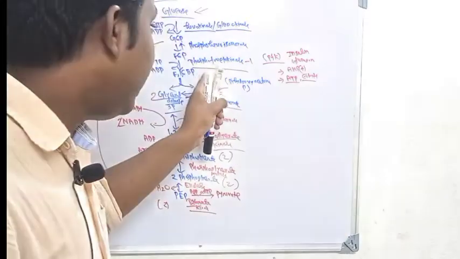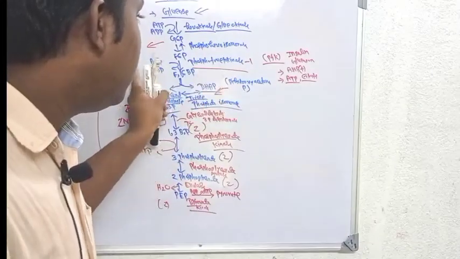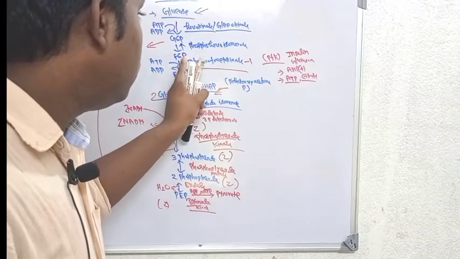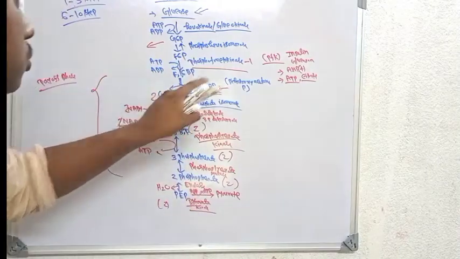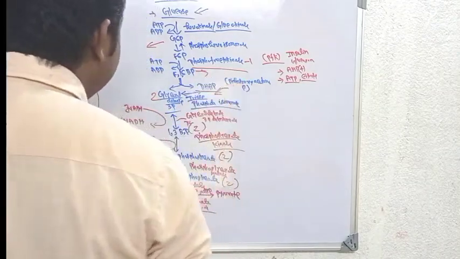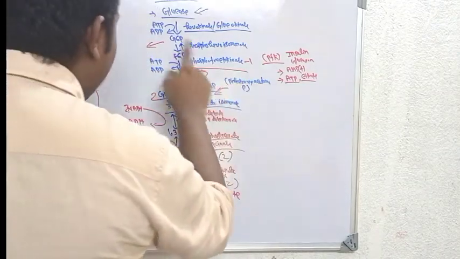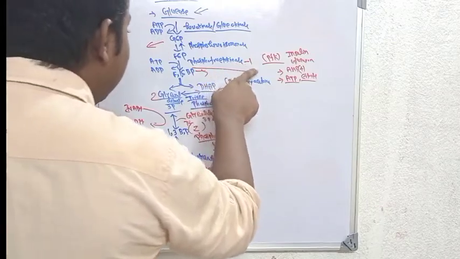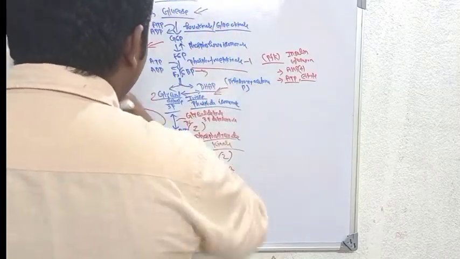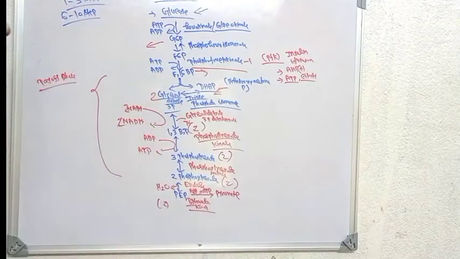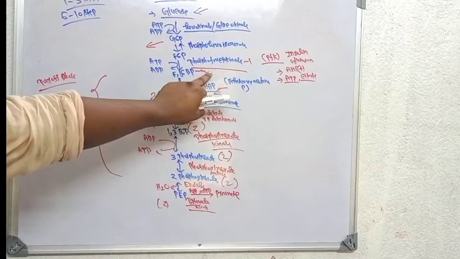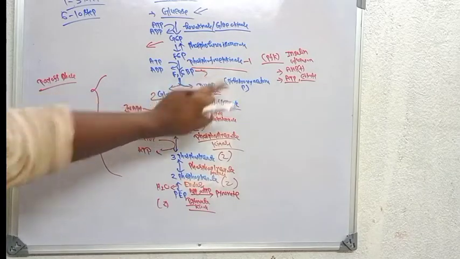This phosphofructokinase transfers a phosphate from ATP to fructose 6-phosphate and forms fructose 1,6-bisphosphate. The ultimate fate of this compound is the glycolytic pathway. So when this enzyme works on the substrate, the pathway enters into glycolysis. So this is a committed step, this is the rate limiting step, and this enzyme is highly important.